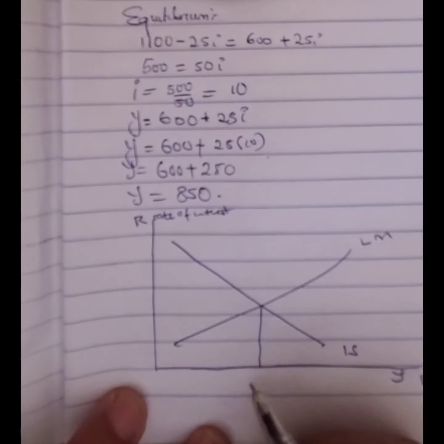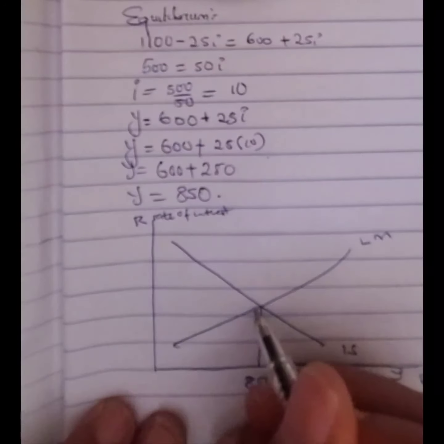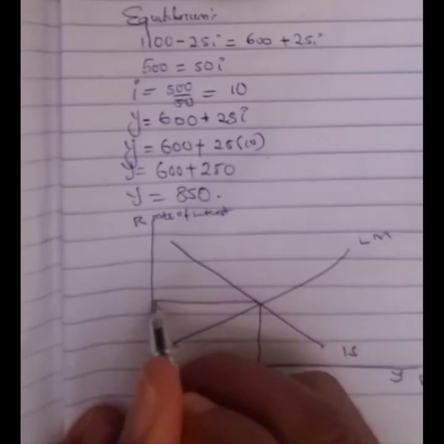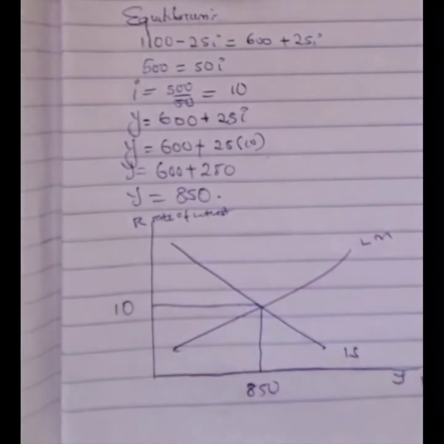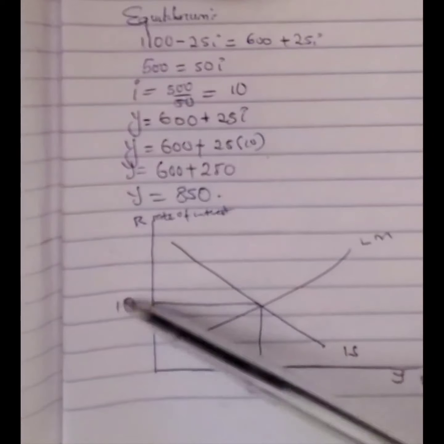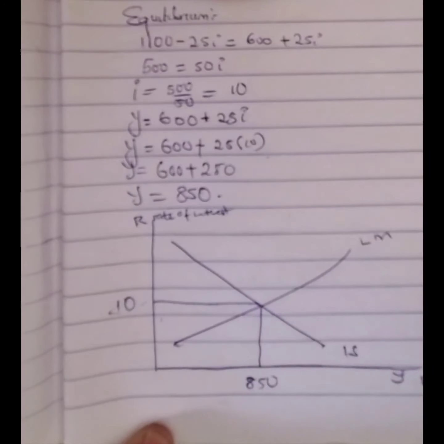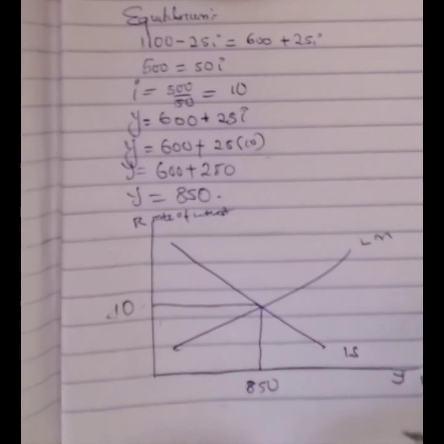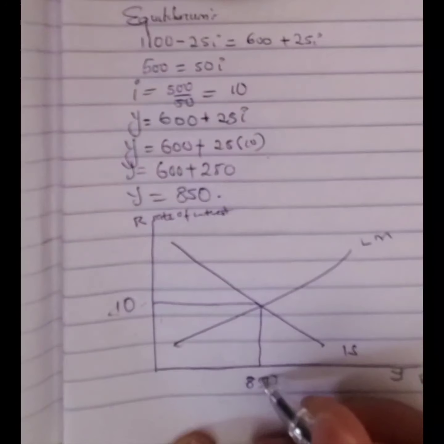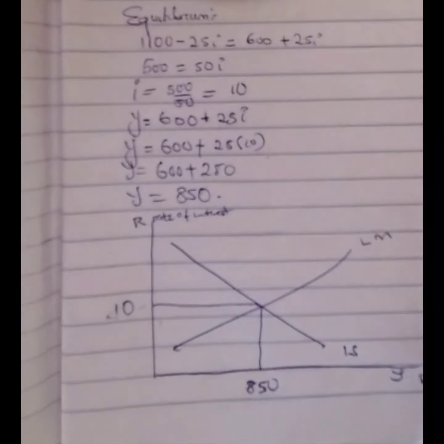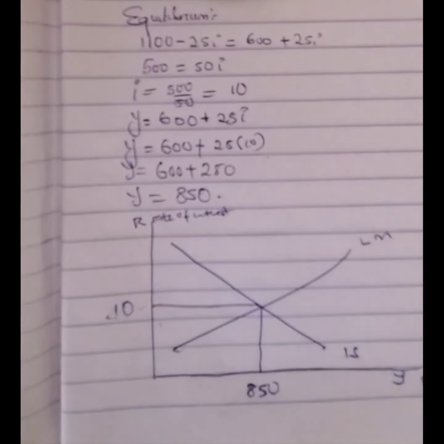So 120 divided by 0.2 gives us 600 plus 25i. You can see this time around, this has a positive relationship. Now it is clear that there is a positive relationship between y and i, which shows the supply curve property, where it is sloping up.